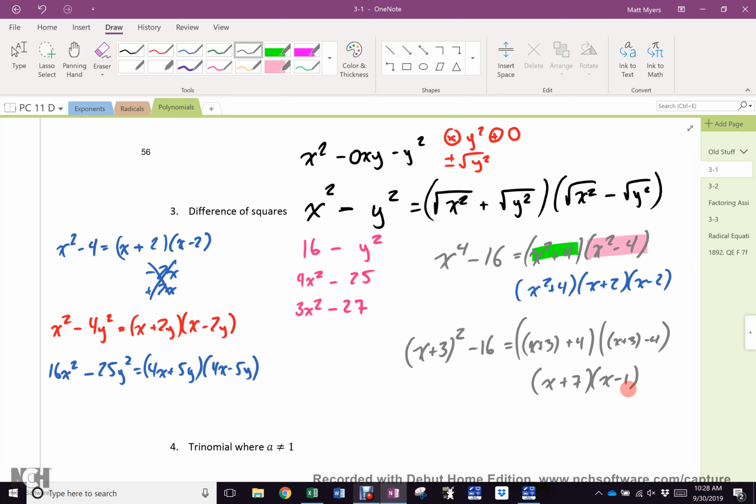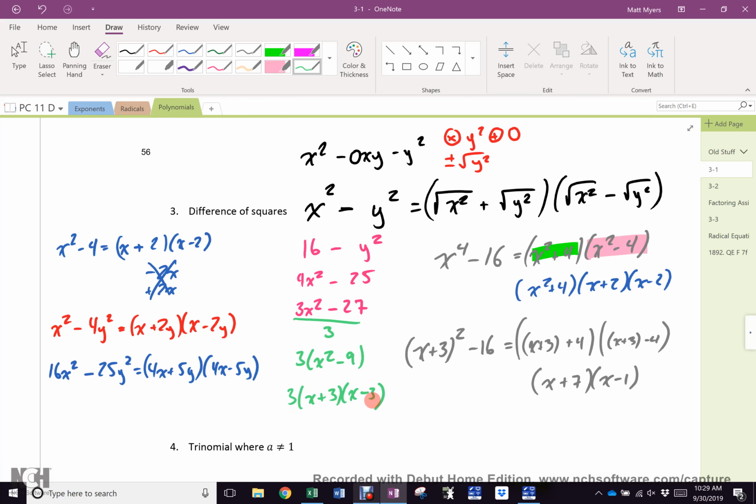Is everybody good with differences of squares? Okay, the only one I didn't remind you of was this one, but we talked about that one. Orally, we would take out a 3, we'd get x squared minus 9, then we get 3 times x plus 3, x minus 3. Are we all good?